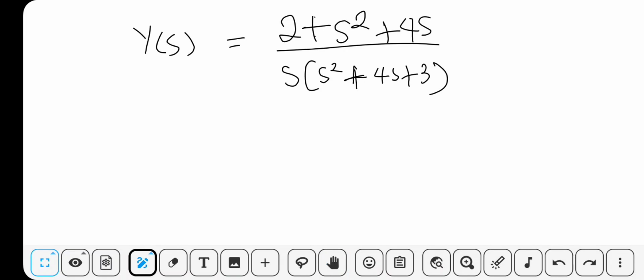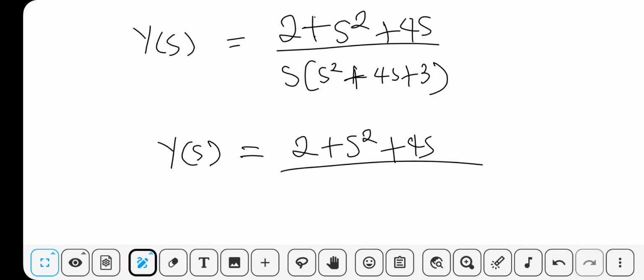Before doing anything, you factorize, make sure the denominator, there are some things you need to do. Just check out the previous video, you will understand. So factorizing this s squared plus 4s plus 3, you have s plus 3 and s plus 1, are the two factors.